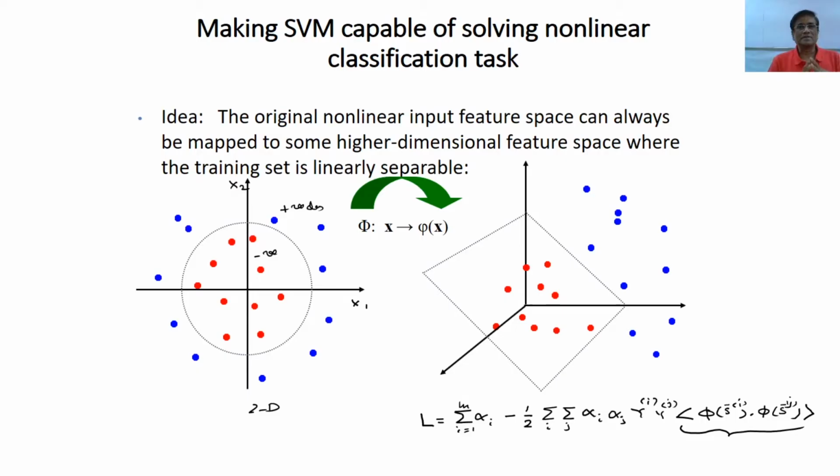So as you know, we have discussed in my earlier lecture that support vector machine can be deployed in a higher dimensional feature space where samples are linearly separable.